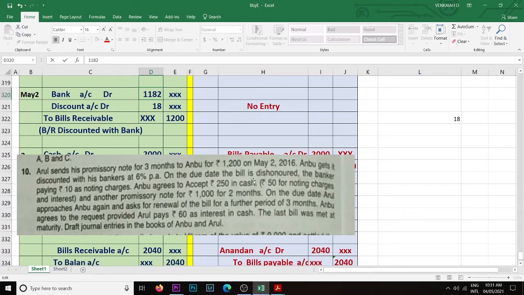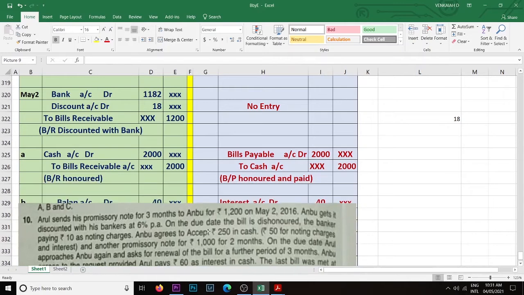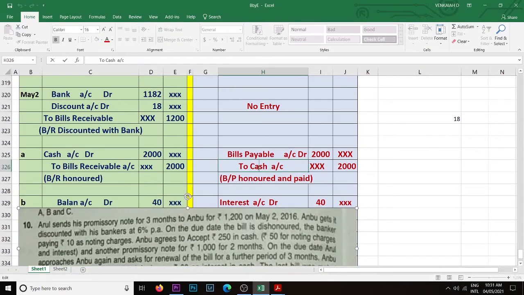On the due date, the bill is dishonored. Who dishonored the bill? Arul dishonored the bill. So first we will write the dishonor of the bill. Bills payable account debit, to Anbu account. Amount is 1200. And Arul account debit, to bank account.